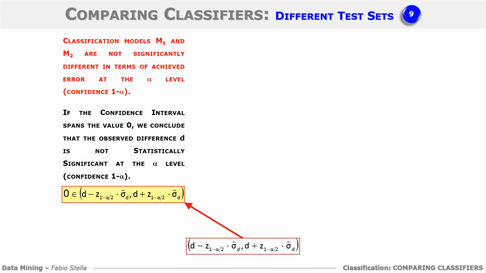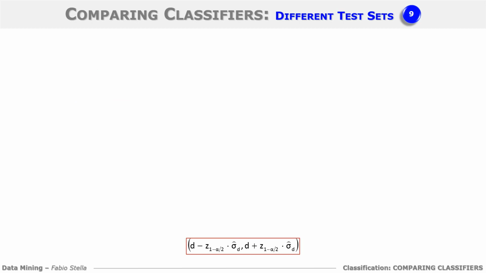Therefore, in such a situation, we will conclude that classification models M1 and M2 are not significantly different in terms of achieved error at the alpha level of significance or with confidence equal to 1 minus alpha.